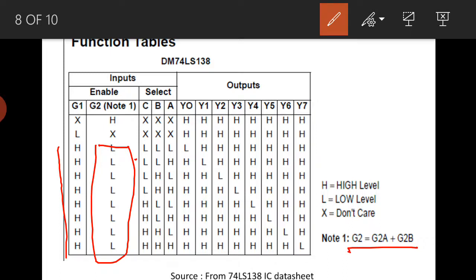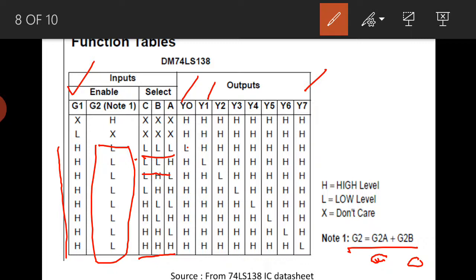That is nothing but these two should be 0 0 and G1 should be high. If this is the condition, then if the inputs are 0 0 0, the first output y0 will be enabled. If it is 0 0 1, then the second output will be enabled. Similarly, if all the inputs A, B, C are high, 1 1 1, the last output y7 will be enabled, others will be disabled.